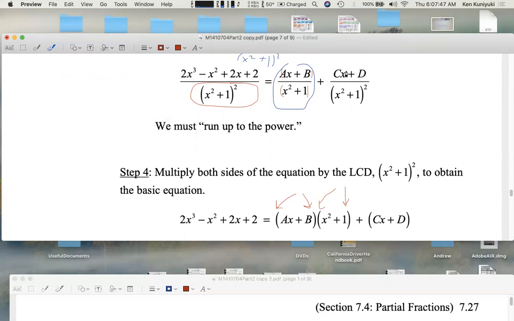Plus, then when you multiply this fraction by its own denominator, you're left with the numerator. Here I put parentheses, but since there's a plus sign in front and it's just this guy, we didn't need the parentheses here so much. Still, I wanted to play it safe. Plus the quantity cx plus d. But watch out. A lot of students make mistakes with this part over here. You need grouping symbols.